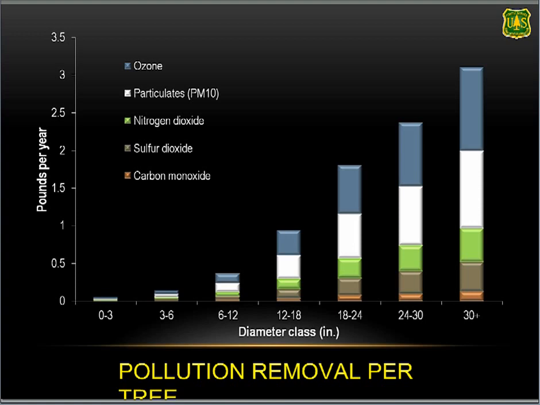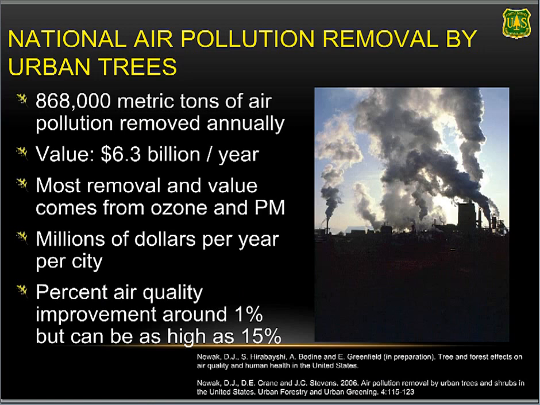But if you compare a tree less than 3 inches in diameter to a tree greater than 30 inches in diameter, a large tree will remove about 60 to 70 times more pollution than a small tree. This is important when you're trying to swap out trees: if you lose one large healthy tree, you're losing basically the services of 60 to 70 small trees. It would take that many to be comparable for the same amount of pollution removed.